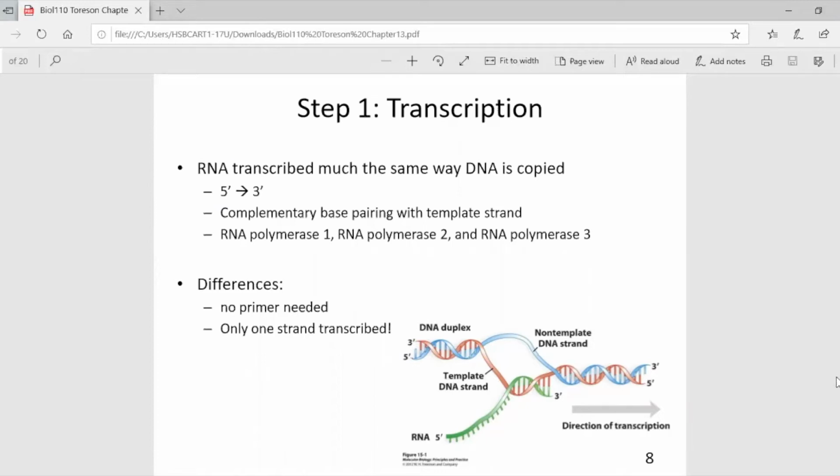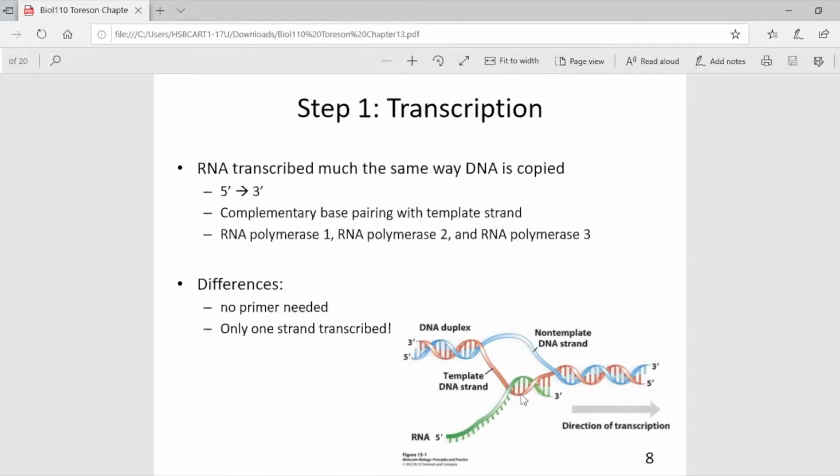Here in this figure on slide 8, we see the DNA represented in red and blue. And here we see the separation of those two strands of DNA. Once these two strands of DNA are separated from one another, the RNA can be transcribed.